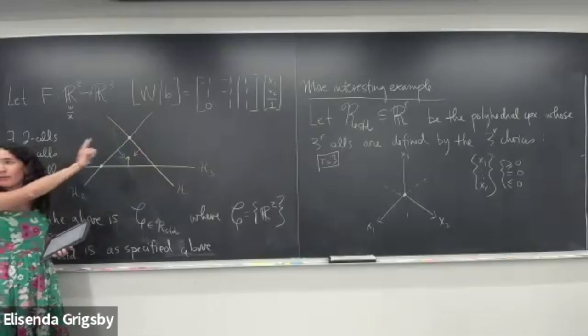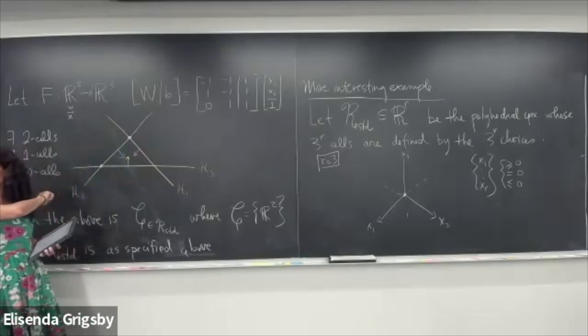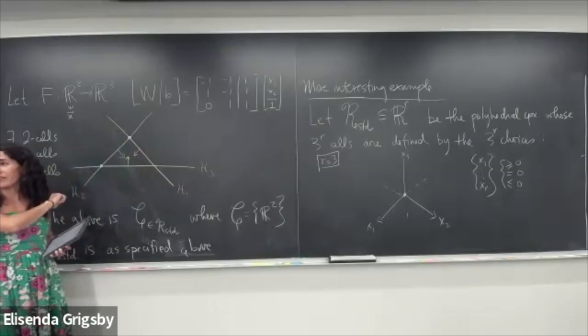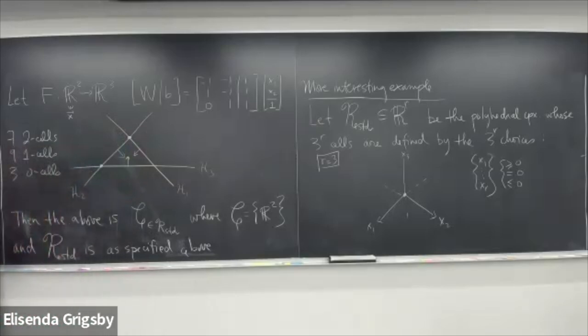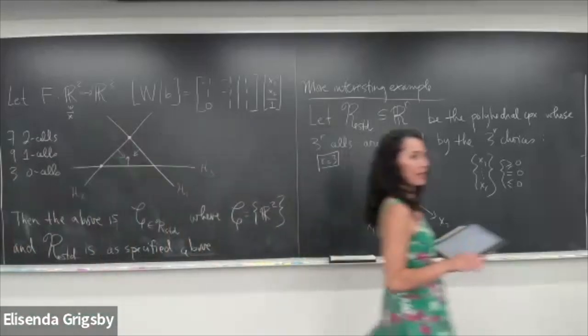The pre-image of a codimension 2 cell is a codimension 2 cell here, etc. So you start to notice that there are some nice things about this particular cell complex that you might not get in general. And in fact, this is where the fact that this hyperplane arrangement is generic is important.